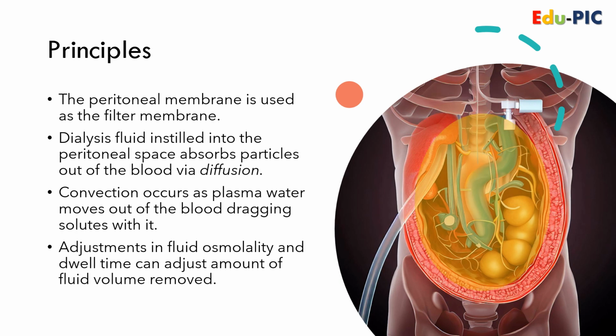Also, with the fluid shifting from within the plasma, we can get some of the blood solutes dragged with it, which is achieved via convection. Eventually, depending on the fluid osmolality that we're using and the time that we keep the fluid in, we can shift more fluid from the body out with the dialysis fluid, all through the catheter. So we can achieve solute removal, and we can achieve fluid removal via ultrafiltration as well.